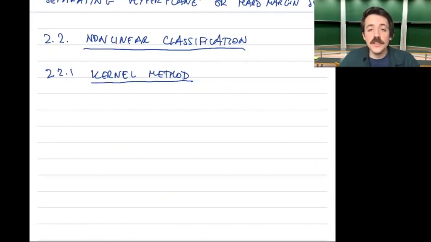Now, the key observation here is that if the data is embedded into a higher dimensional space, which could even be infinite dimensional, then if you've done it correctly, generally the classes will be perfectly separated. Of course, finding this embedding is exactly solving the classification problem.